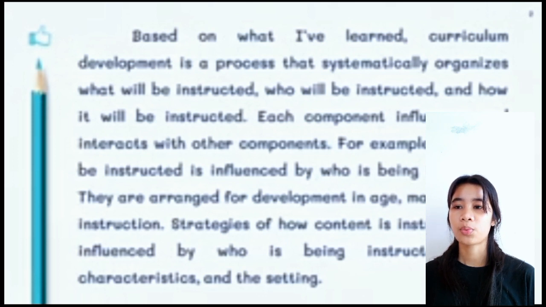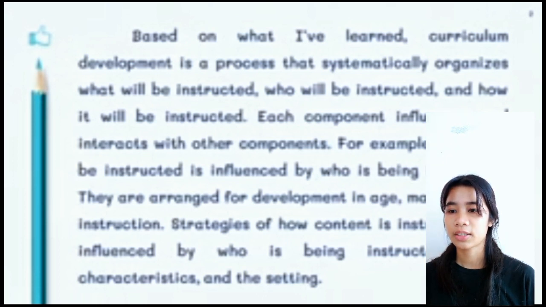For example, what will be instructed is influenced by who is being instructed. They are arranged for the development of age and maturity, and the instruction strategies of how content is instructed are influenced by who is being instructed, their characteristics, and the settings.